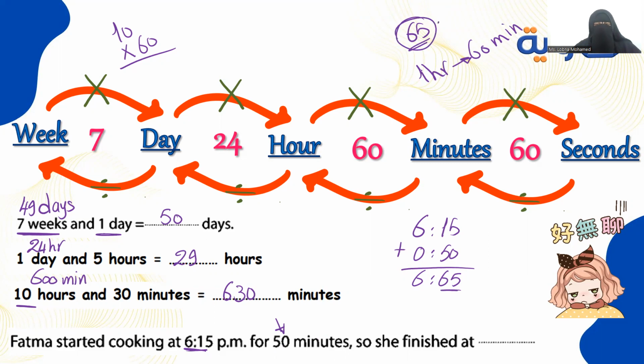It means we have 1 hour and 5 minutes. So we have to increase the number of hours by 1. So instead of 6, it's going to be 7. And the number of minutes is going to be 5 minutes. So she will finish at 7:05. Don't forget to write PM. This is afternoon.